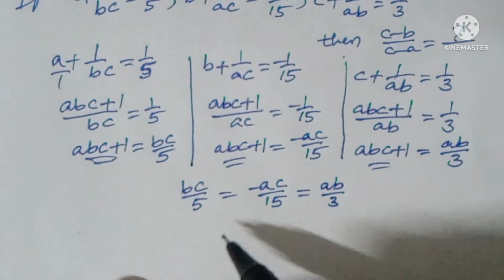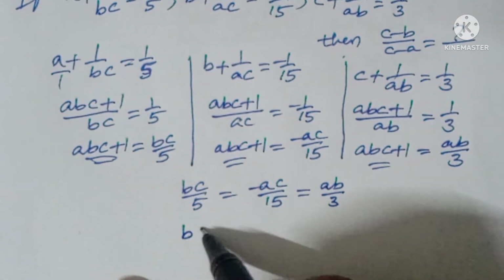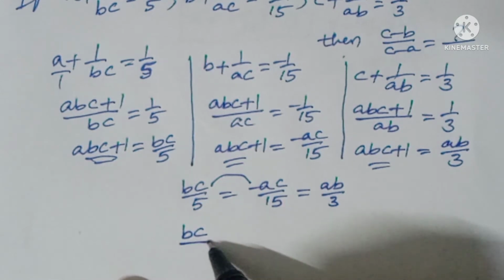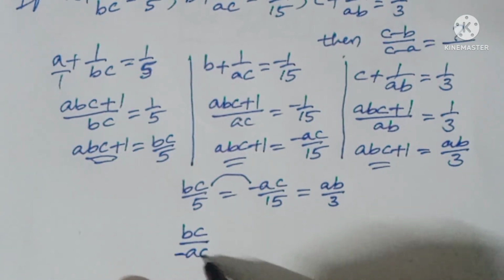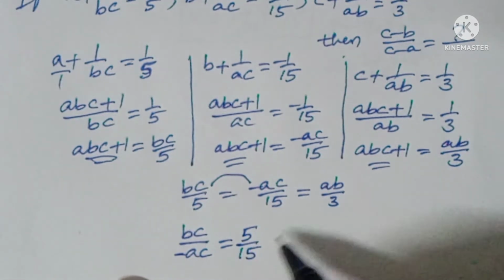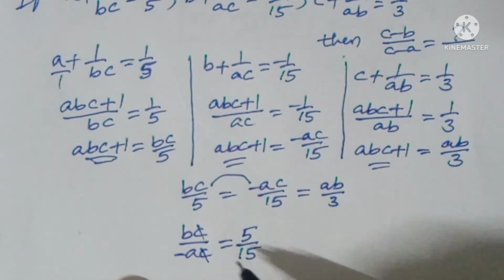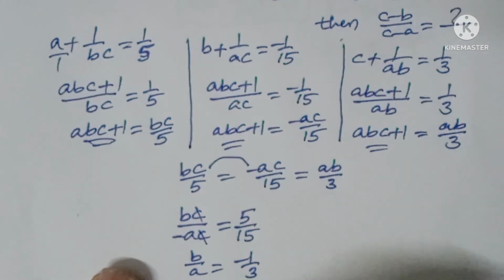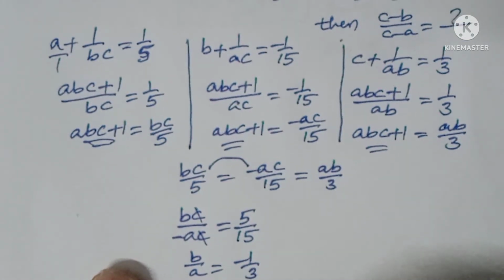So if you take the first two, bc by minus ac is equal to 5 by 15. So here c gets cancelled. b by a is equal to minus 1 by 3. You can write a by b is equal to minus 3.